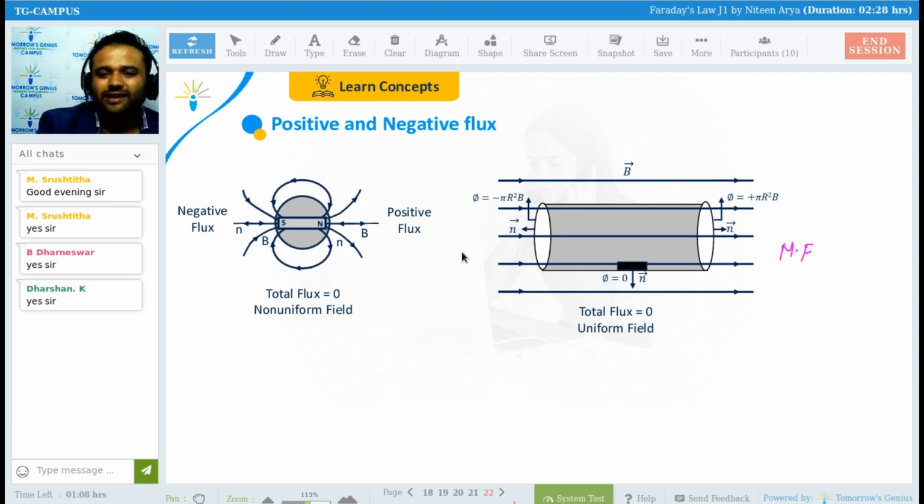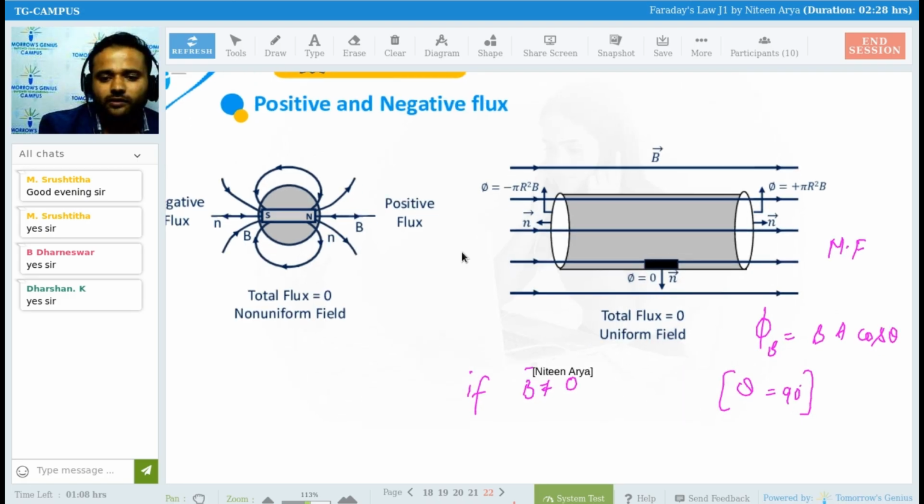For a uniform field, phi, which is B A cos theta, is going to be 0 only when theta is 90 degrees, if B is not 0 and A is not 0.